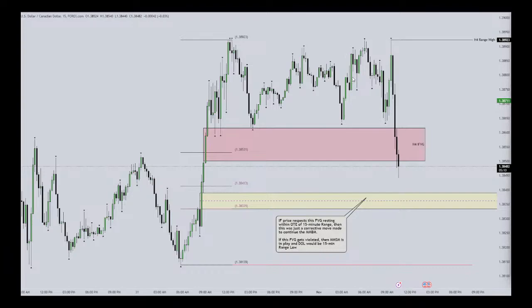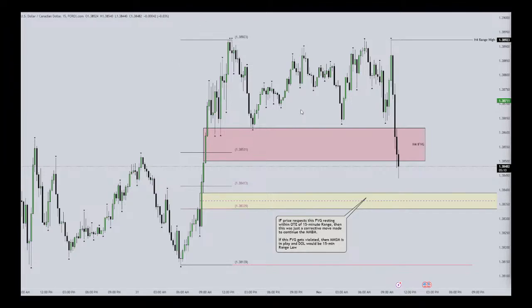And this is what we want to look for when we're in a market maker model. We want to look for consolidation, because then it gives us a good idea of where price is heading after it breaks out of the range.